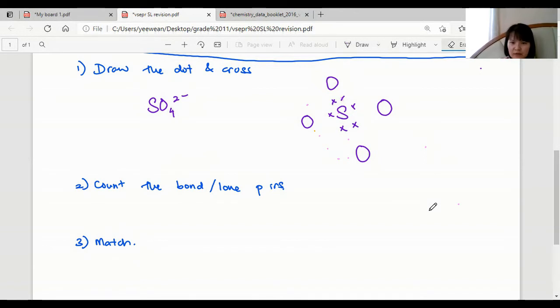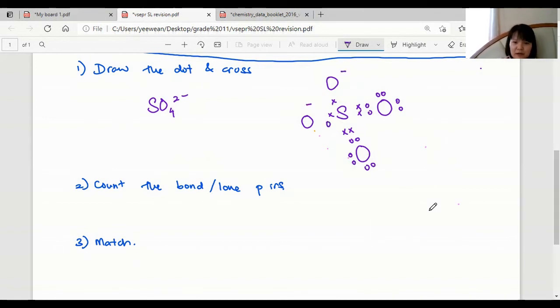So I'm going to delete this and place it here. Okay, so I'm going to put in the 6 electrons for oxygen. And for the other two, I'm going to put a negative charge here.